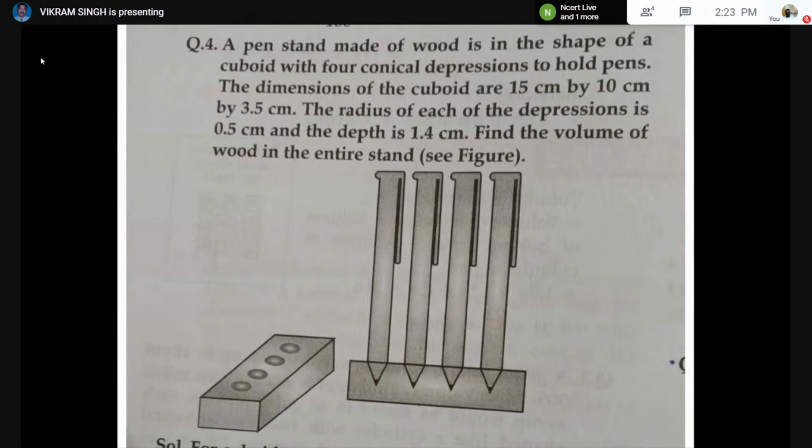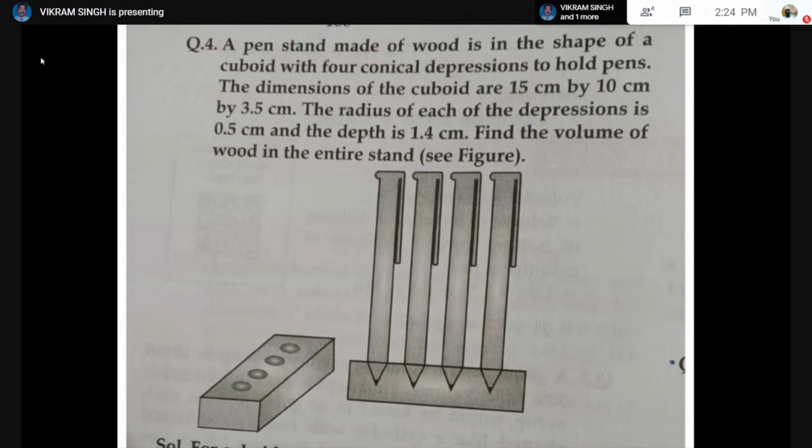For simplicity, a figure is also given. Now again I am going to make this question clear in the mathematical context. All the 3 dimensions of the cuboid are given as 15, 10 and 3.5, and obviously these depressions are in the form of a circle at the top.